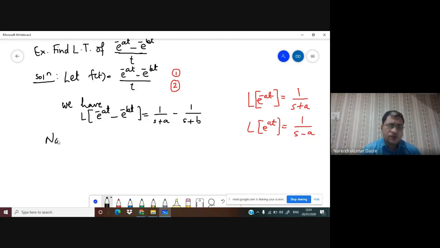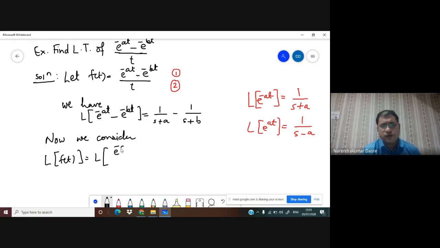Now we have to follow the second step. We consider the Laplace transform of f of t. So it is going to be the Laplace transform of e raised to minus at minus e raised to minus bt upon t.